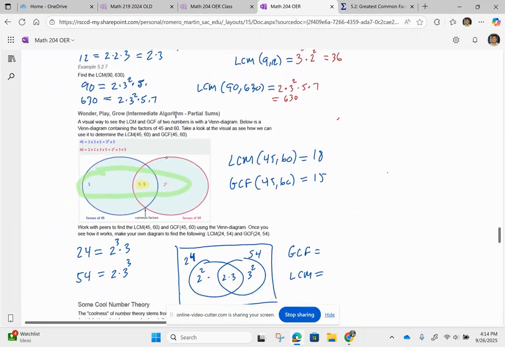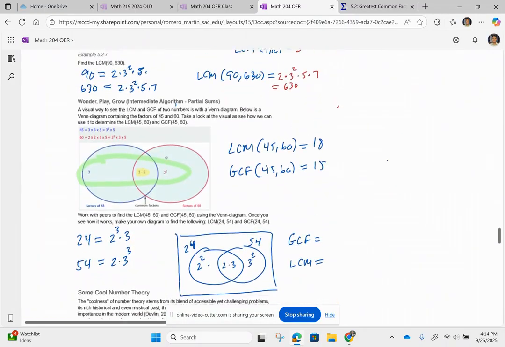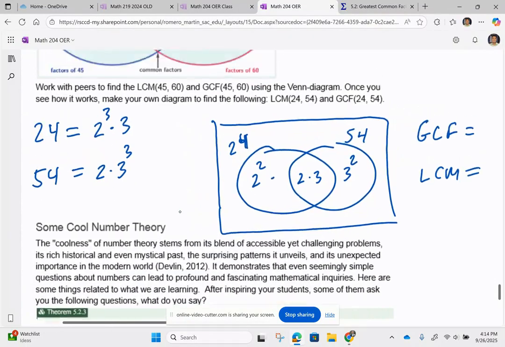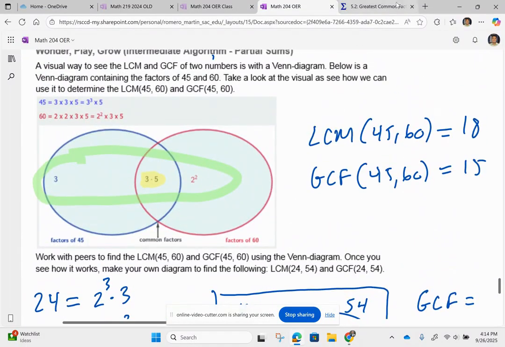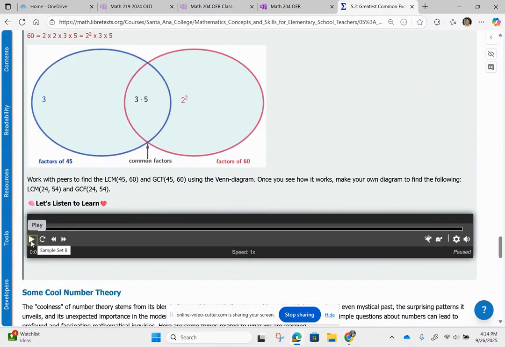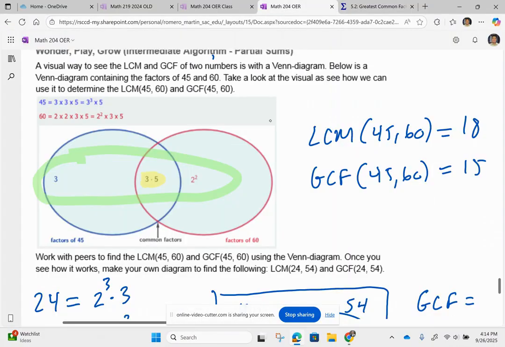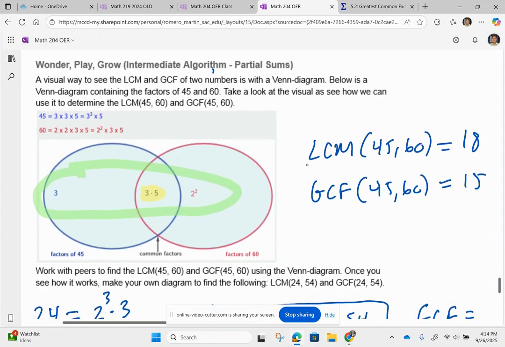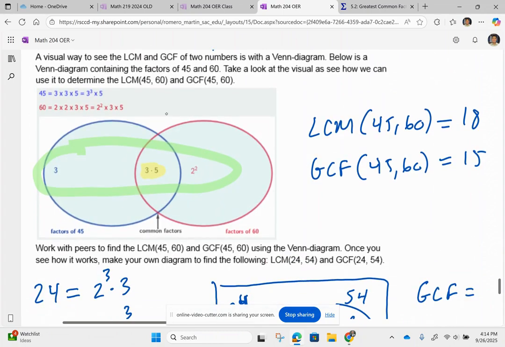And then lastly, before we do some other kind of cool stuff, one other way that I really like is the visual part, and I do have a little short audio component here where I explain it better. You could play that there, me explaining this, the power of this one, but you will see it's not a traditional way of looking at it. But when looking at this, a visual way to see it, you draw it out, and then you look at the common factors, looking at 45 and 60.